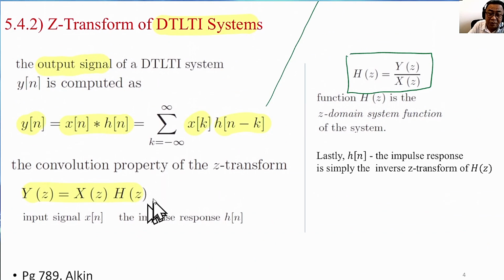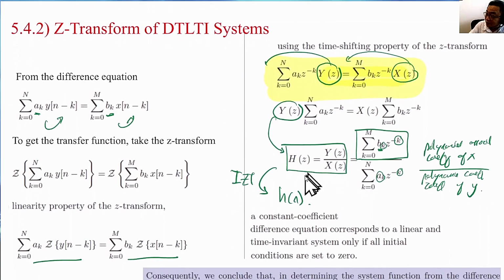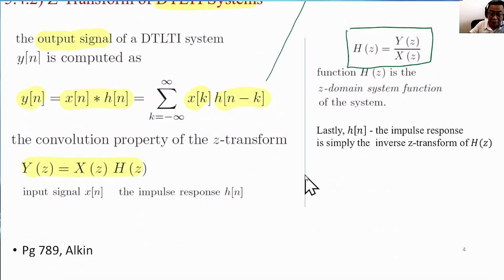But remember, we have already shown many times that multiplication is a much easier task than convolution. So if we have found H of z here, then what we are going to do is multiply by the z transform of x of n, which is X of z, to get Y of z. Once we have Y of z, then the idea is simple. To get back into time, we do inverse z transform to get y of n.